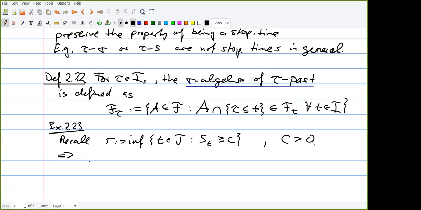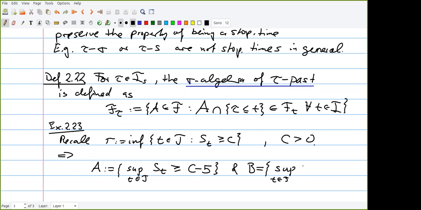And now we want to consider two events. The first one is A, which is the supremum over time t in capital T of the process S being bigger than C minus 5, and B is the supremum being bigger than C plus 5.